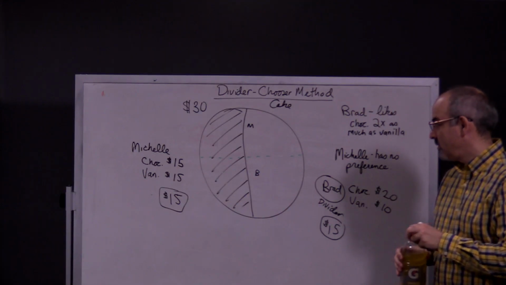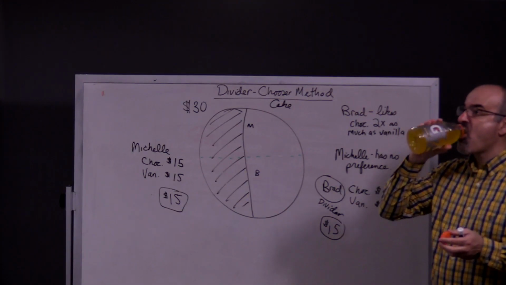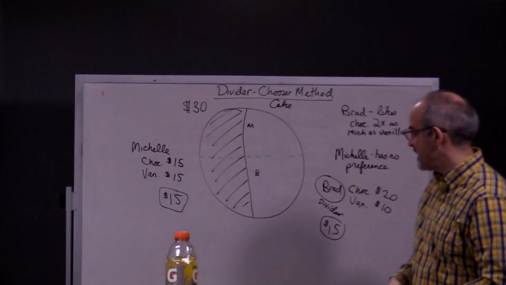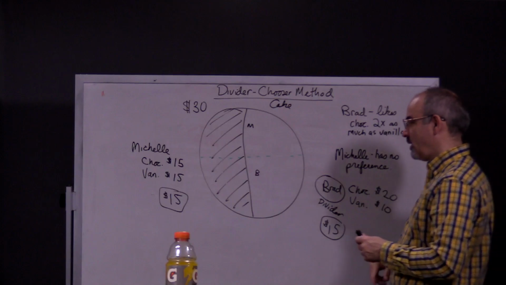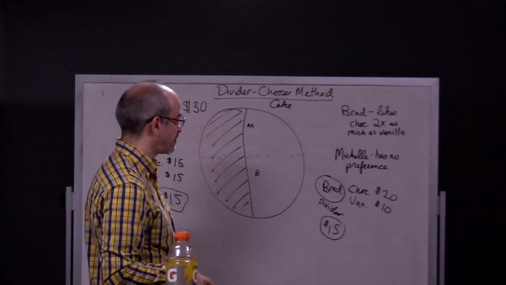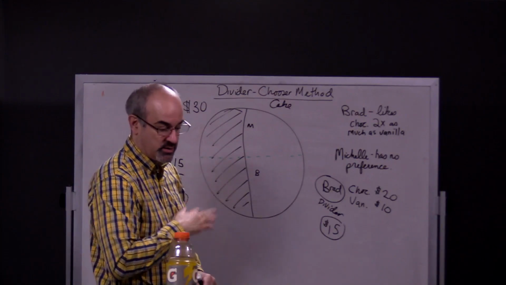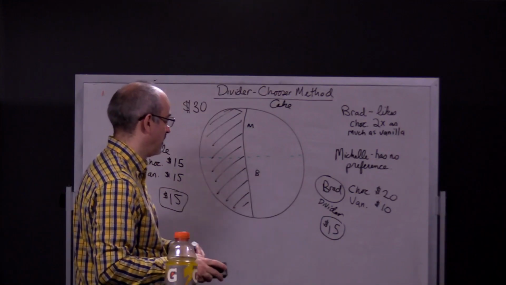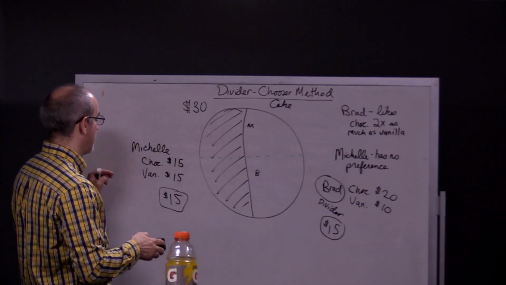Okay, so let's do the same example, but with Michelle as the divider. So we can pause the video now if you want to look at this more. And then right now we're going to do the same problem with Michelle as the divider.